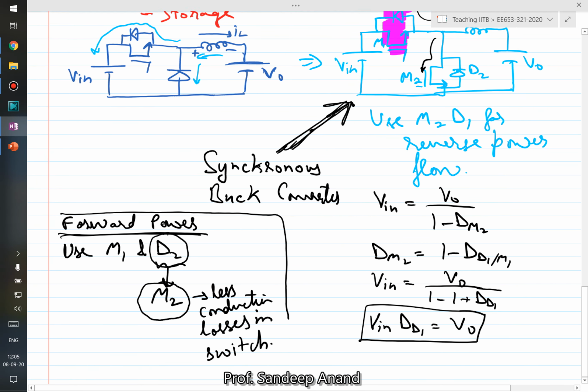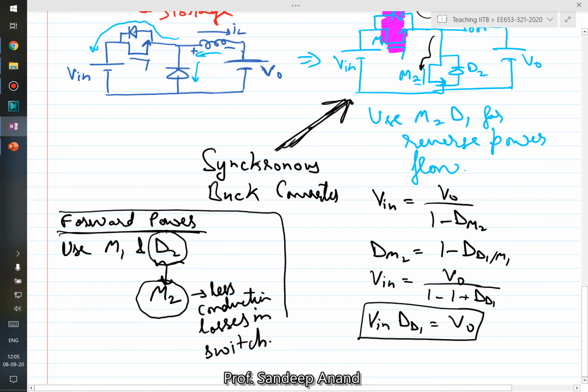So microprocessor power supplies, most of them use a synchronous buck converter. They go a step ahead and use something called an interleaved buck converter, but maybe we would have a look at that sometime later, not in this course.